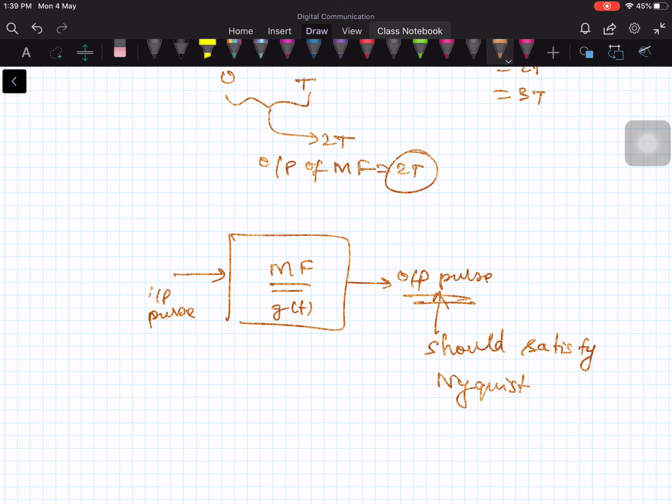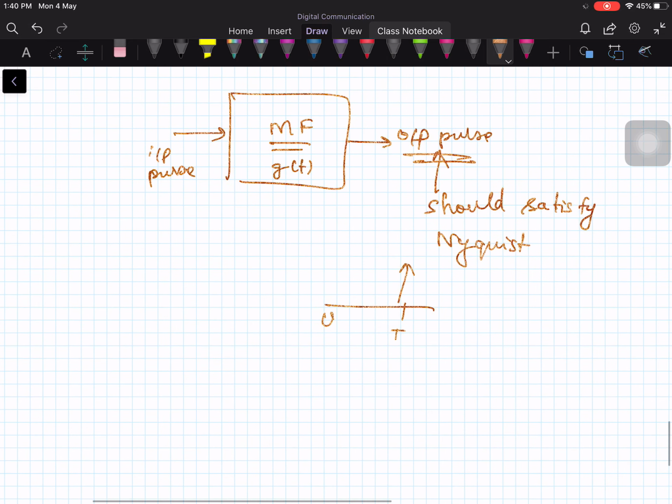At the sampling instant, the Nyquist criterion should be satisfied. When the output of the matched filter is peaking due to the current pulse, the response of the same matched filter to all previous pulses should be 0. Suppose it is peaking at this point, 0 to T, let me draw the figure here. You'll get a response like this, and this response should be 0 in the next time instant.